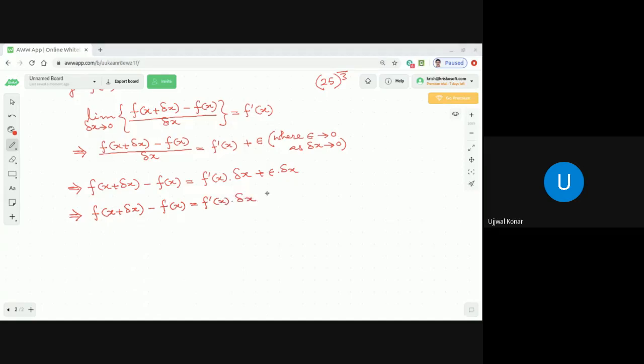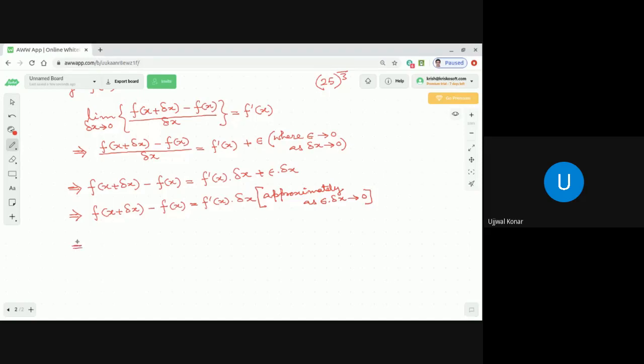So approximately, epsilon into delta x is very, very near to 0. Correct?